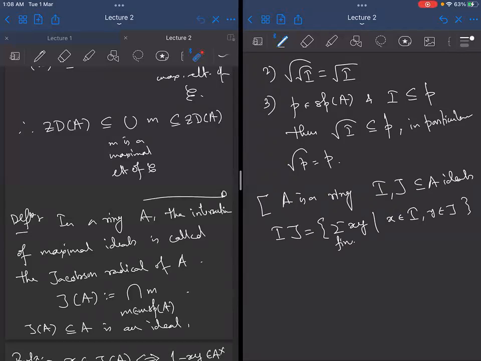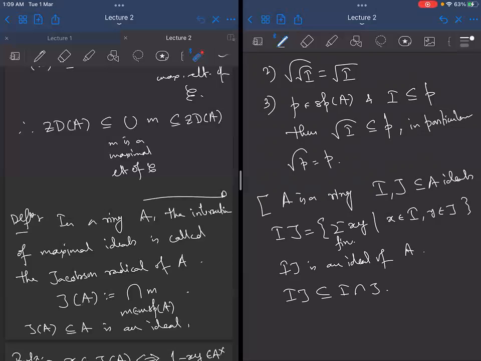Then you can easily check that this IJ is an ideal of A, and this is called the product of the ideals I and J. We have already said that the intersection of two ideals is an ideal, and you can check that IJ is a subset of I intersection J. This is by definition, because every element in the summand is in I as well as in J.